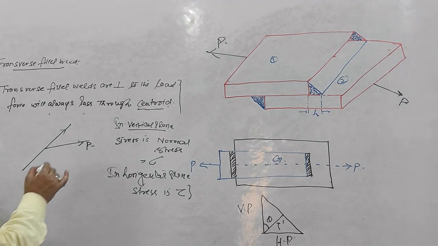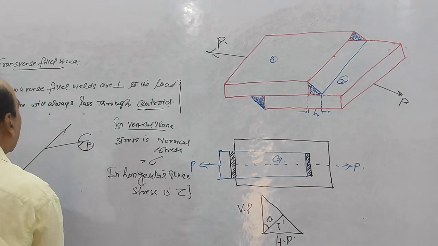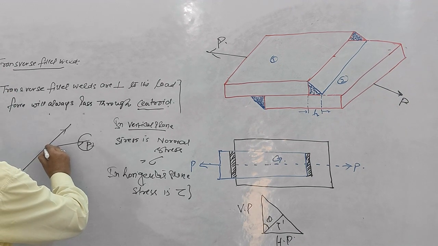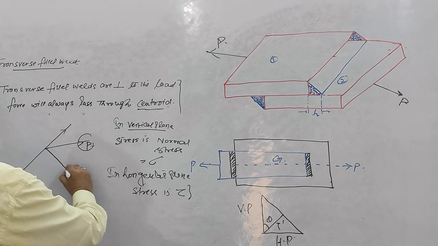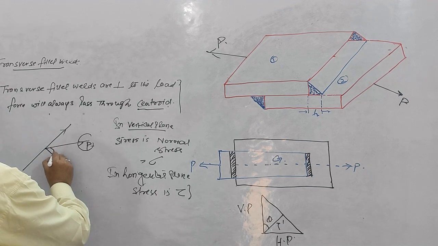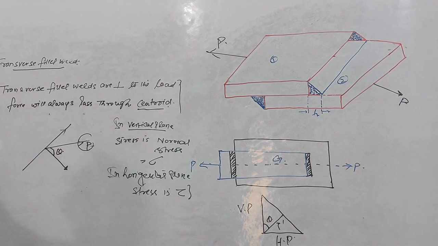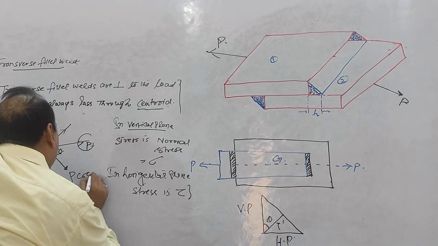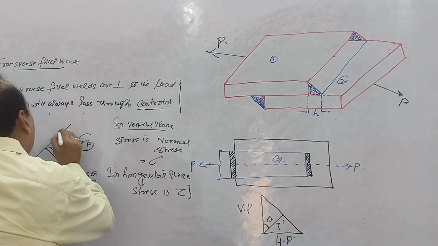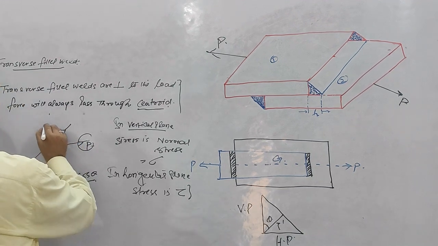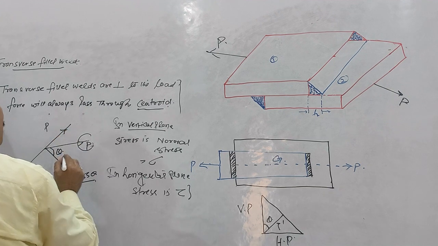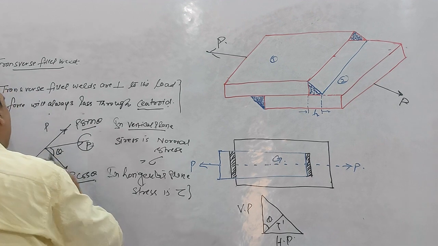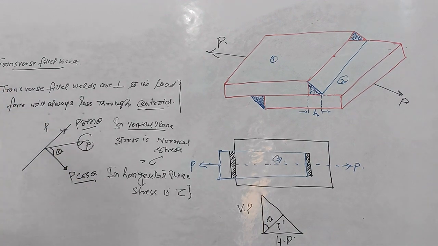So what we will do, we just resolve this force P into two components, right? इस फोर्स को हम दो कंपोनेंट में रिजॉल्व करेंगे. तो ये इसका जो नॉर्मल होगा, ये थीटा अगर है तो इसका जो नॉर्मल होगा ये आपका कौन सा होगा, हॉरिजॉन्टल कंपोनेंट P, नहीं सॉरी, वर्टिकल कंपोनेंट P cos theta, and along the force P ये जो कंपोनेंट होगा P sin theta, this is the horizontal component, right. This is the vertical component and this is the horizontal component.